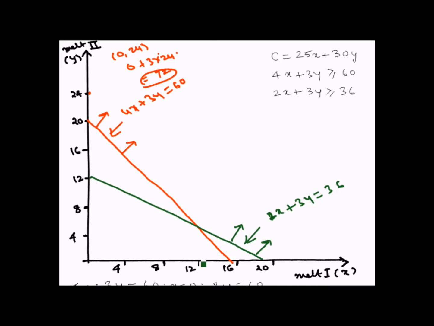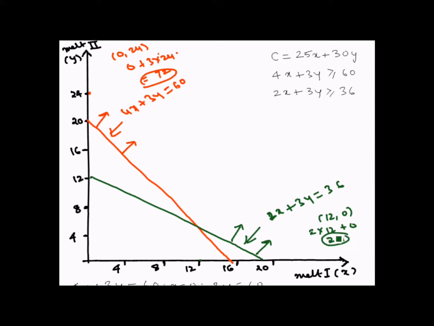Let's take this point here, which is 12 and 0. So 2 multiplied by 12 plus 3 multiplied by 0, which is 0. So 2 multiplied by 12 is 24.